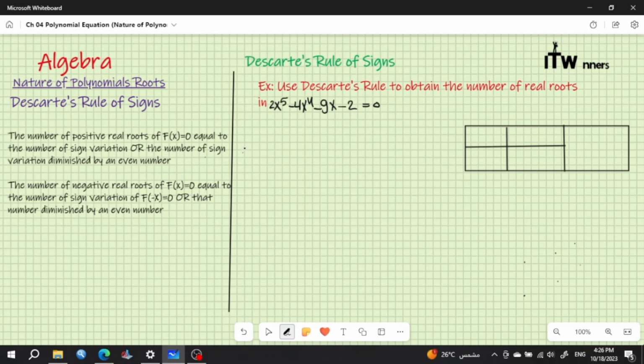So the first step is to obtain f of x equal to 2x power 5 minus 4x power 4 minus 9x minus 2.